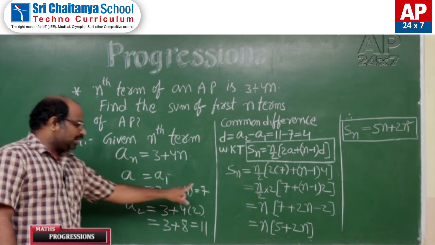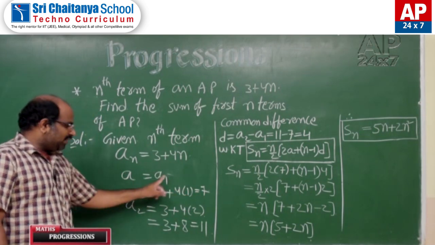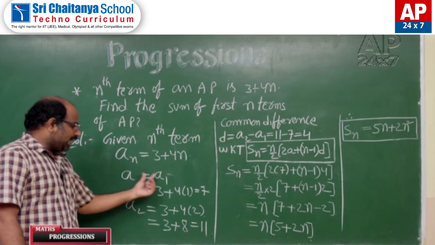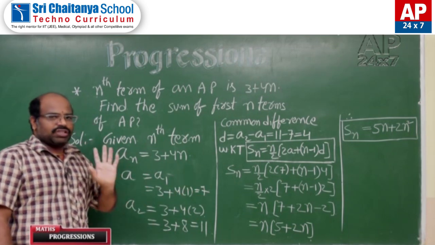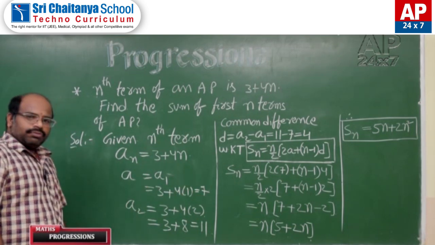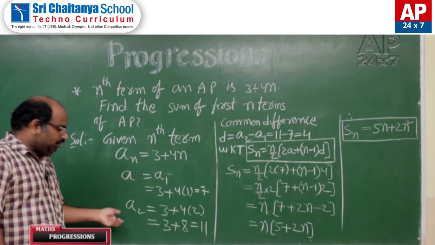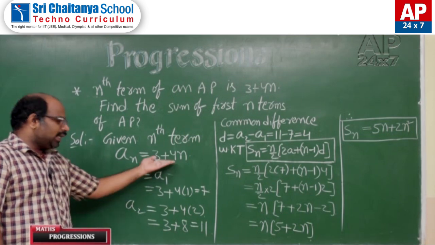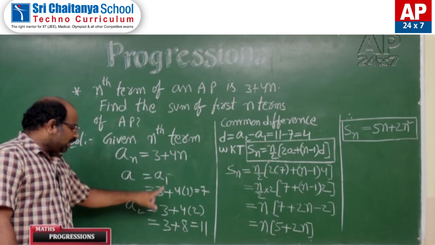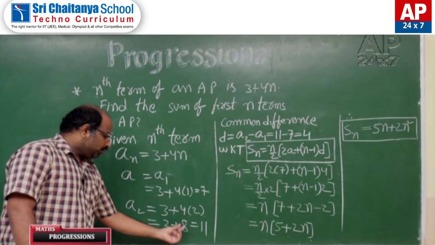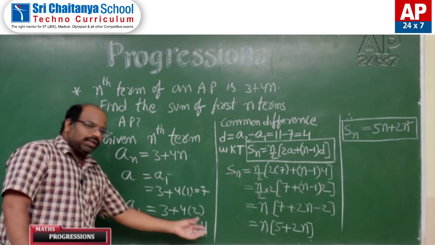Therefore, A is equal to 7, or A1 is equal to 7. A and A1 both represent the first term. How to calculate A2, students? Just substituting n is equal to 2 in the value. So, 3 plus 4 of 2, 4 twos are 8, plus 3, which is equal to 11.